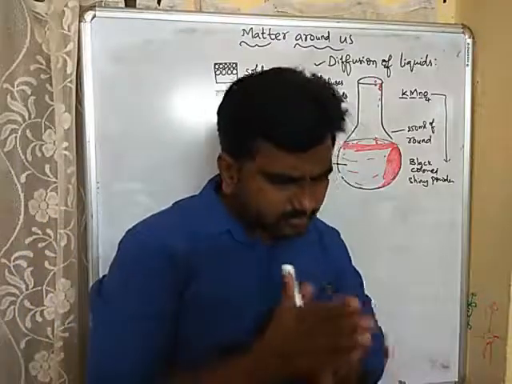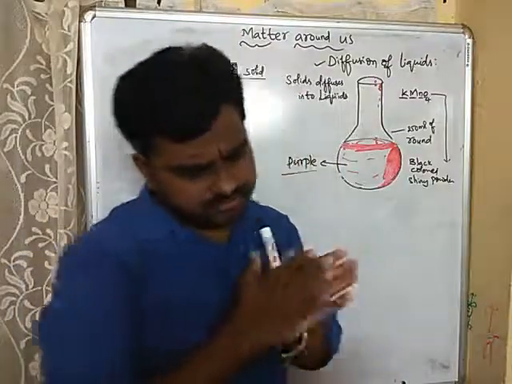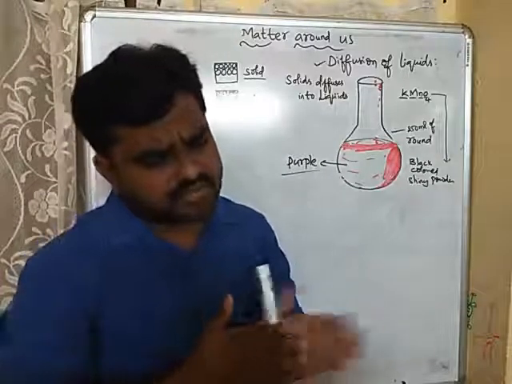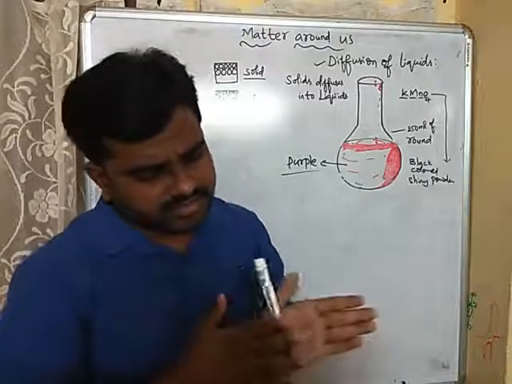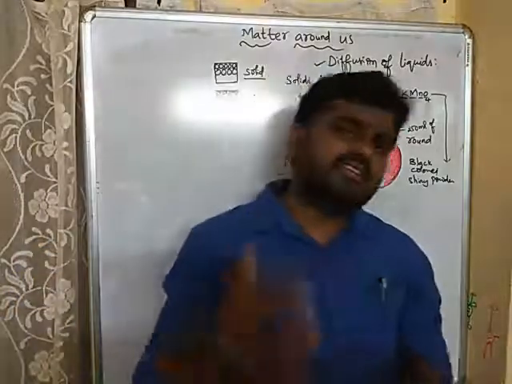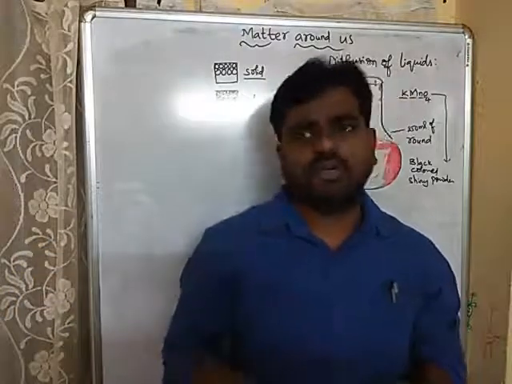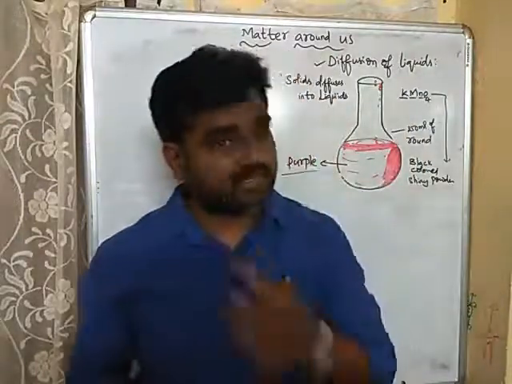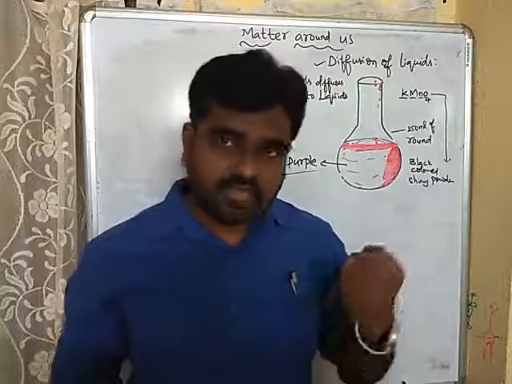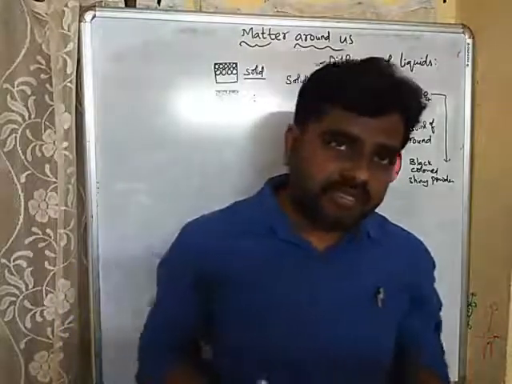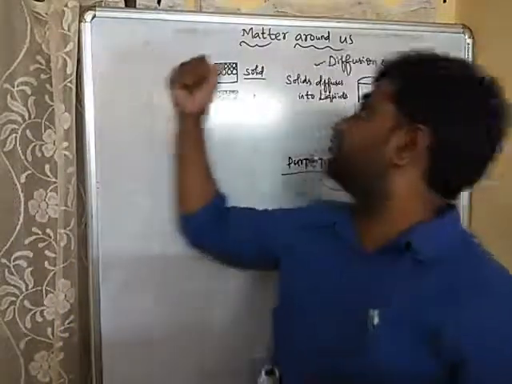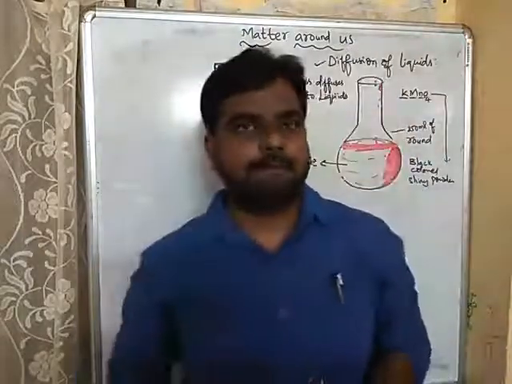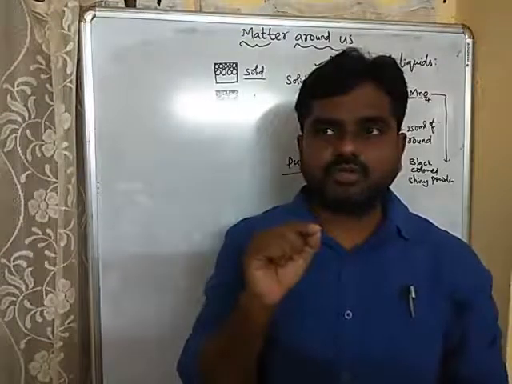Now, observing the diffusion of particles of solids into liquids, how do gases diffuse into water? For example, aquatic animals and aquatic plants all survive just because of the diffusion property itself. How, sir? Just think.